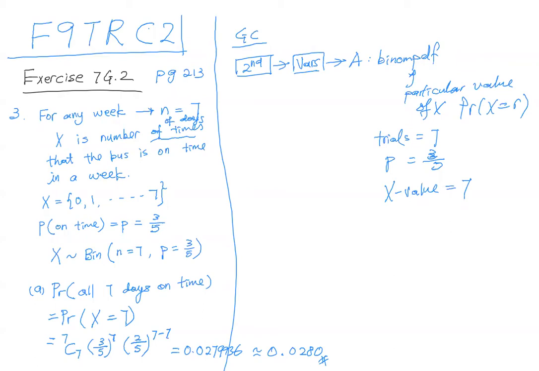Okay, now look at part B. Only on Monday. Okay, if I put this only on Monday, do you think I can use this formula? Do you think I can use this formula? This is a special condition.